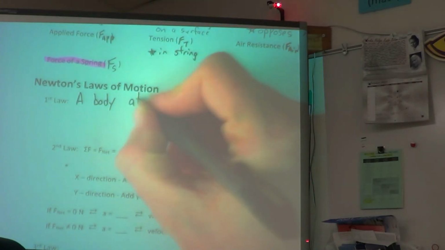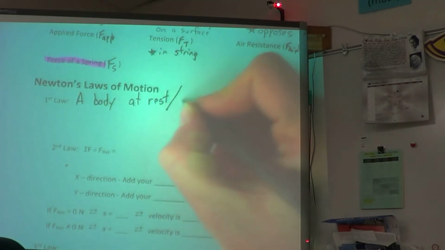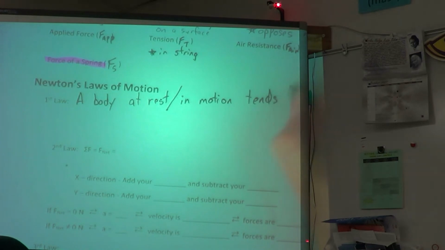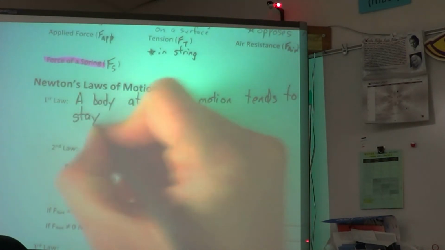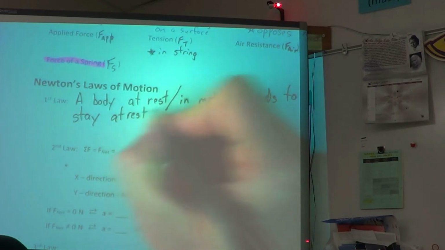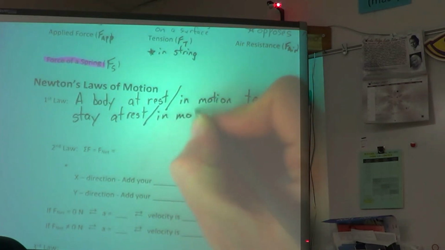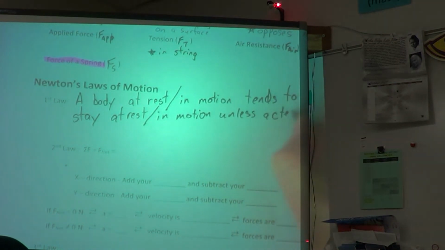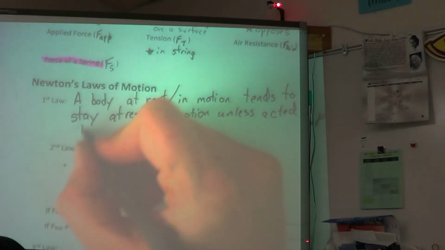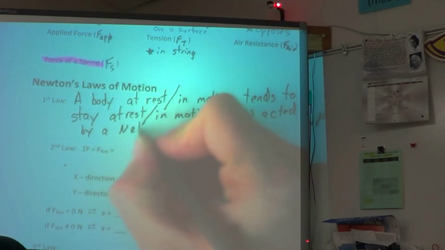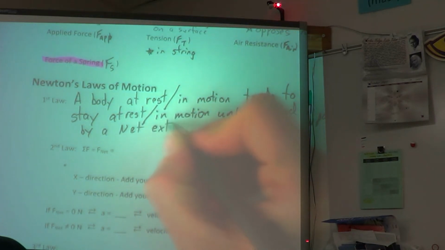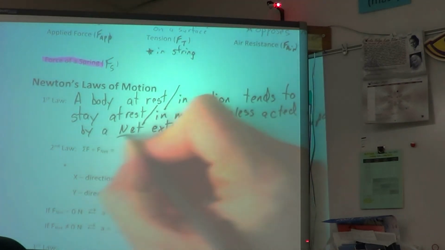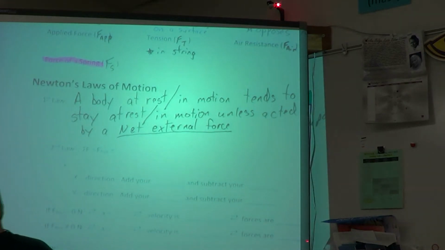A body at rest slash in motion tends to stay at rest slash in motion unless acted upon by a net external force. Okay, and I'm going to underline net external force.